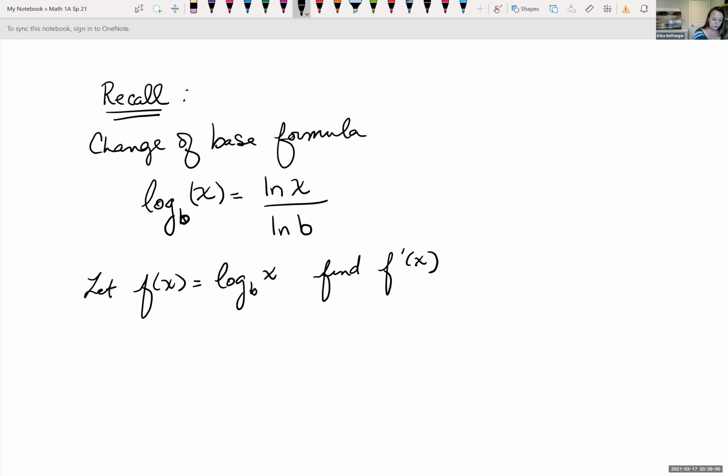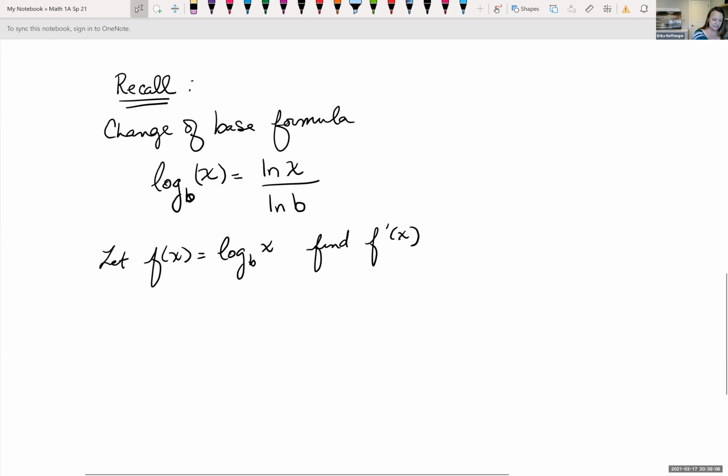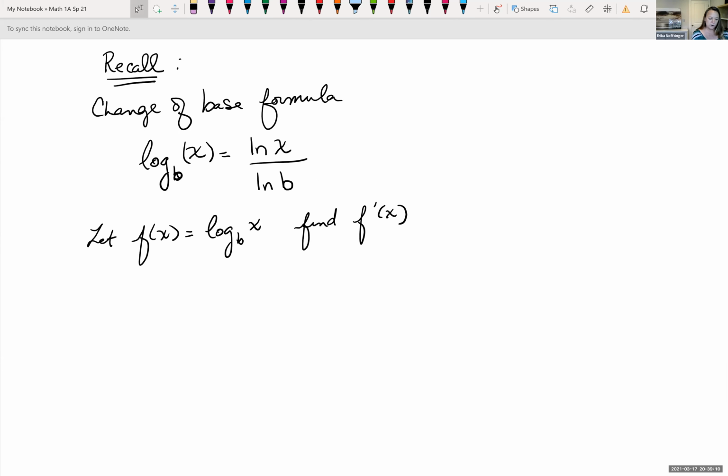We're not going to use the rules of limits or the formal definition in this case. We're going to use the fact that we know what the derivative of the natural log is now. So let's first rewrite this: f of x can be rewritten as the natural log of the top x all over the natural log of the base b.